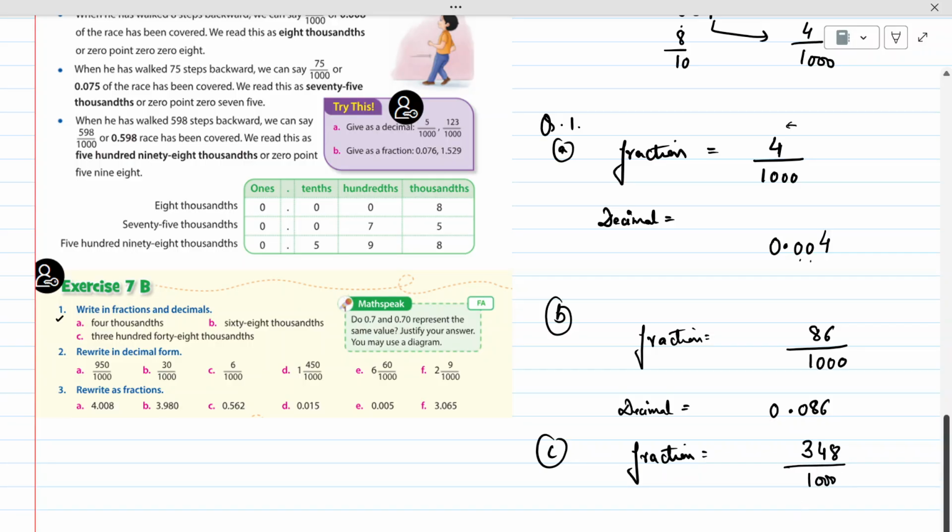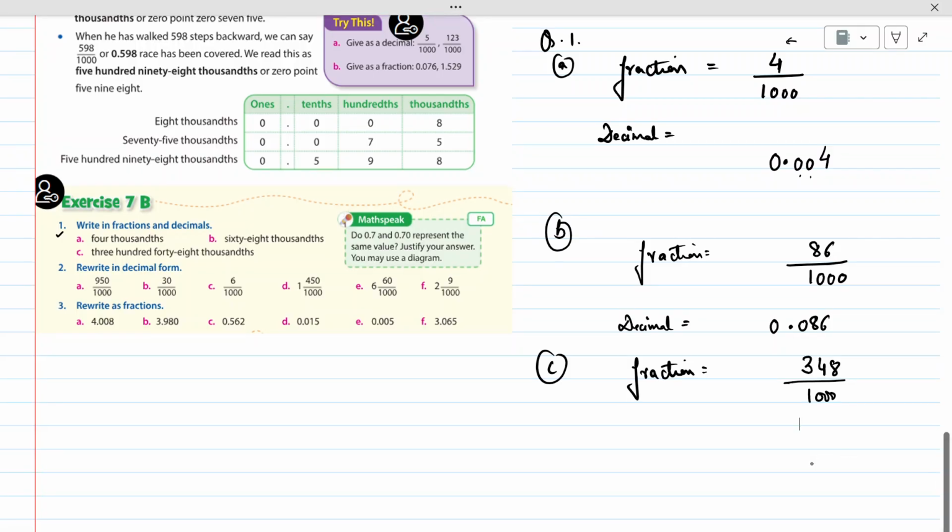Okay, so this is 348 thousandths. And how can we represent this as a decimal, kids? In the form of decimals, it will be the decimal after 3 places starting from the right. So this will be 0.348.